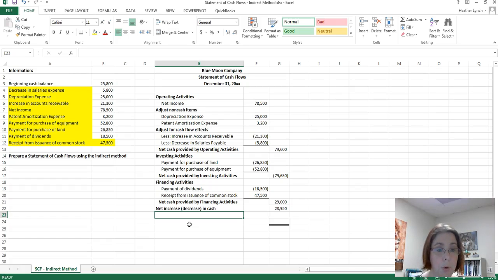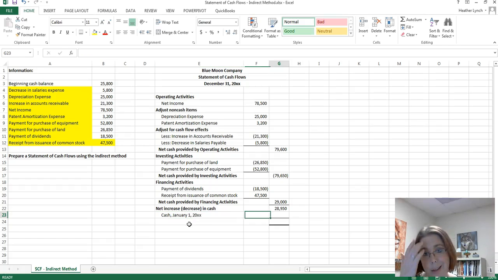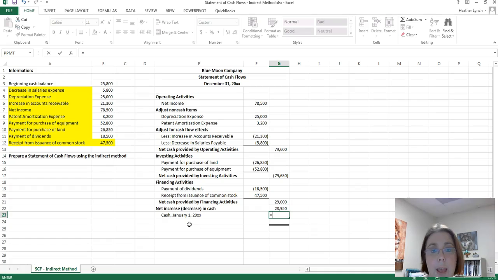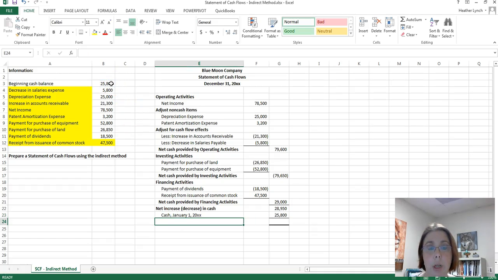We're going to want to put cash January 1st. I just put 20XX because I may use this for future, but that gives us those. So that is our beginning cash balance of $25,800.